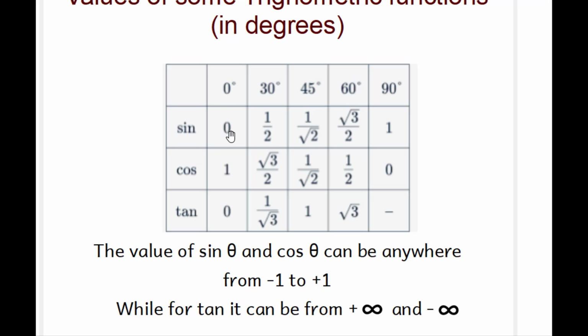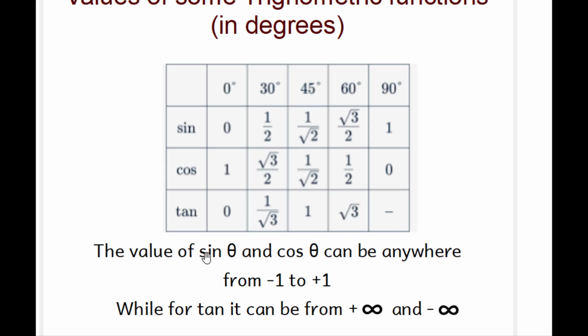So sine 0 is 0, sine 30 is half, sine 45 is 1 by root 2, sine 60 is root 3 by 2, sine 90 is 1. Then cos 0 is 1, cos 30 is root 3 by 2, and so on, and cos 90 is 0, as you can see. Then tan 0 is 0, tan 30 is 1 by root 3, tan 45 is 1, tan 60 is root 3, and tan 90 is actually not defined, because it becomes infinity at that point.